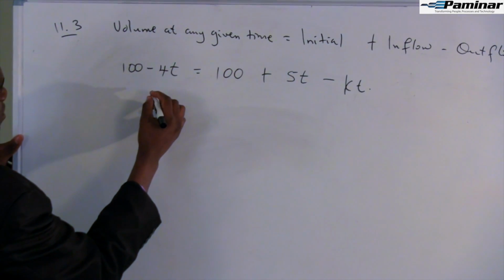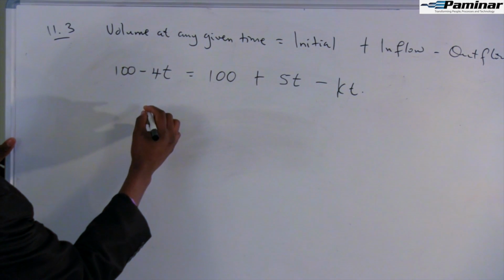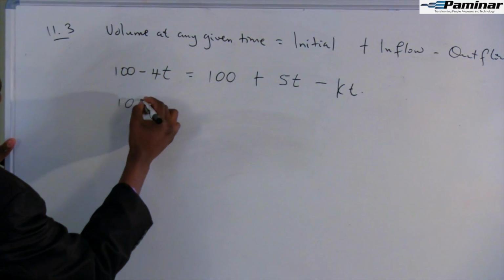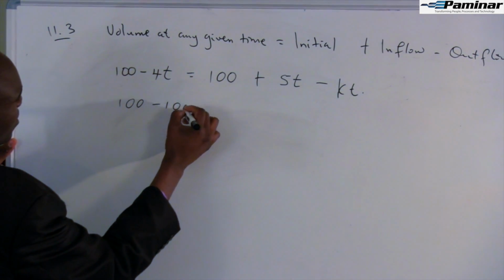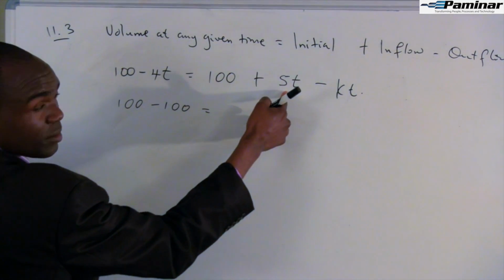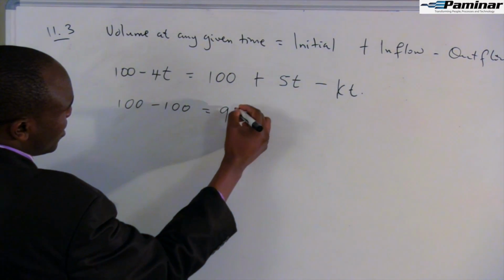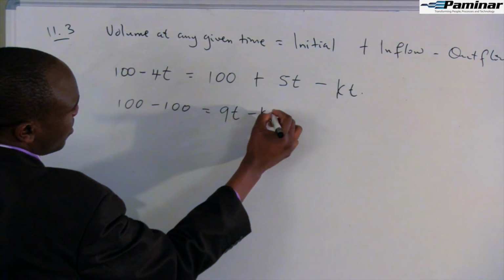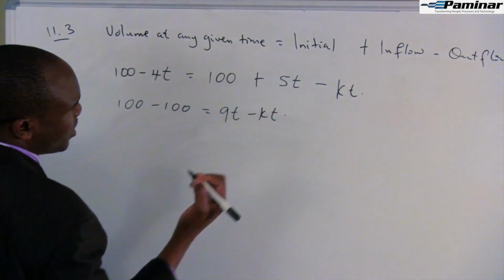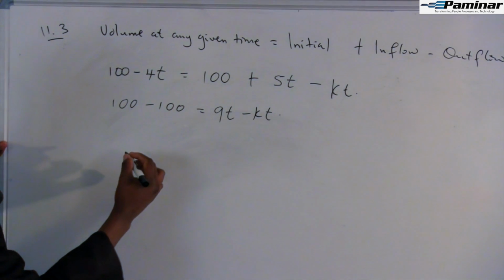What are we going to remain with? 100 minus something is equal to K t.